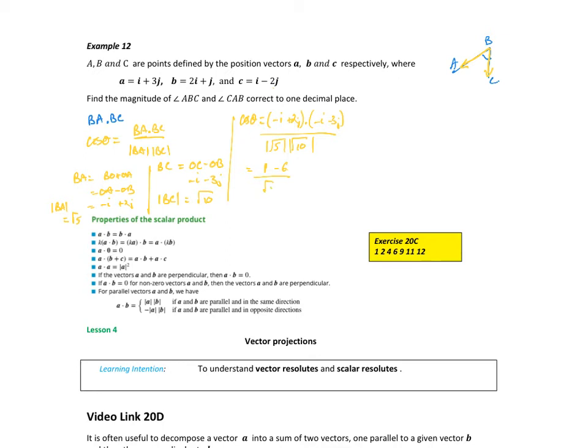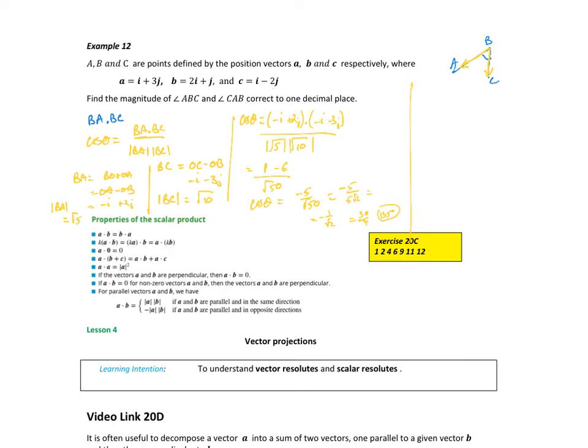Over root 50. So cos theta is equal to negative 5 on root 50. We don't even need a CAS in the end, do we? Negative 5 over 5 root 2, which is equal to negative 1 on root 2, which is equal to 3 pi on 4. So 135 degrees is the size of the angle in between.